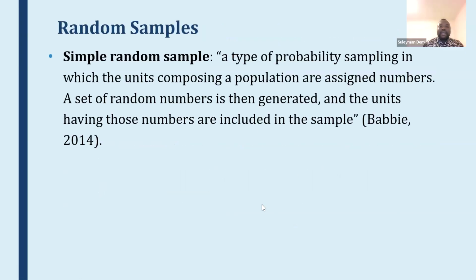So now let's look at the types of random sampling. I think the simple random sampling I've already explained, using the classroom as an example. The idea is that you should give every member of the population equal opportunity to be selected. That's the main goal of random sampling.